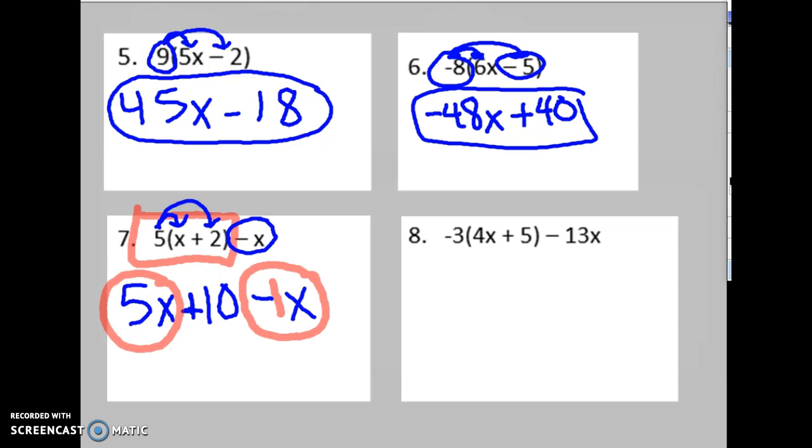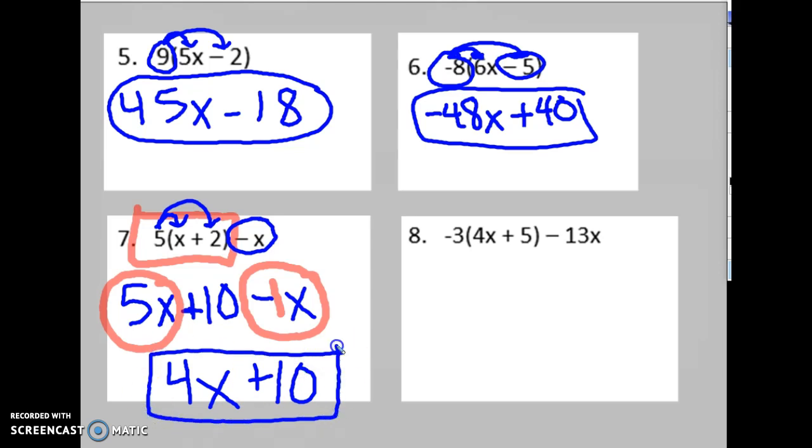So we're going to do 5x put together with negative 1x, and we know that that is 4x. The plus 10 has nothing to combine with it, so then we just write plus 10 at the end of our problem. So my final answer on this one is 4x plus 10.